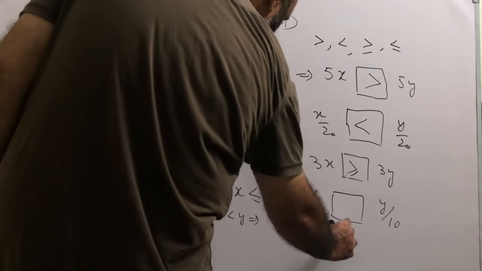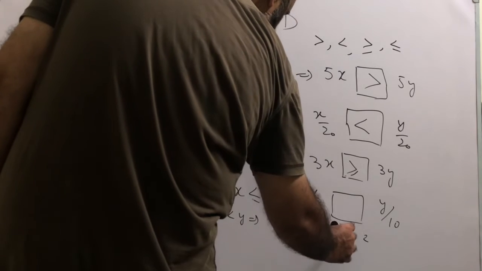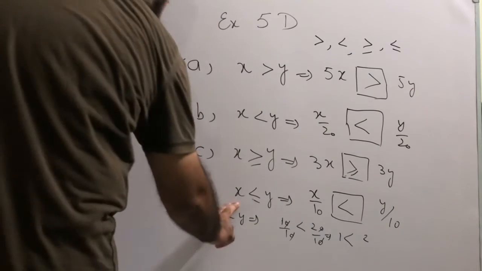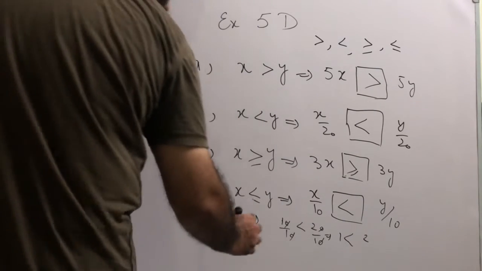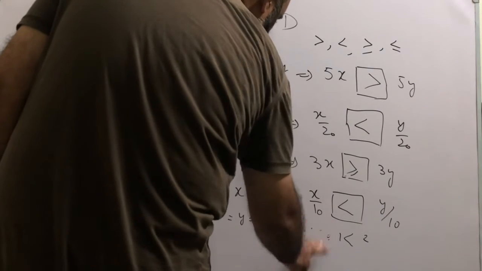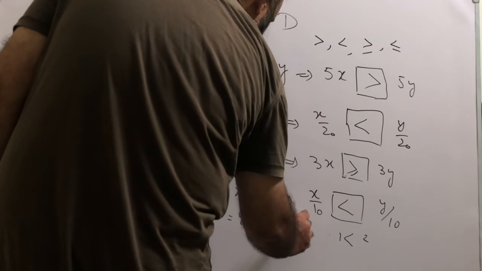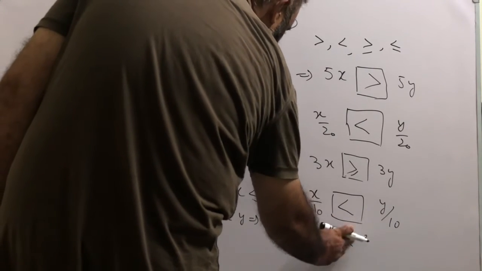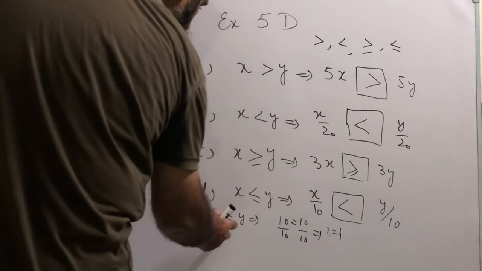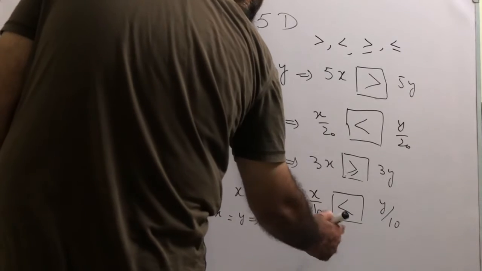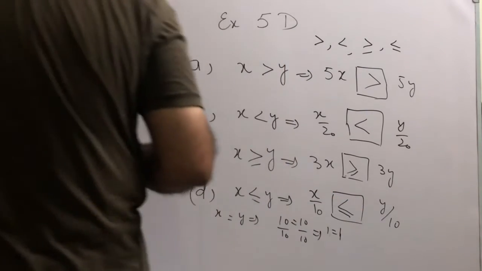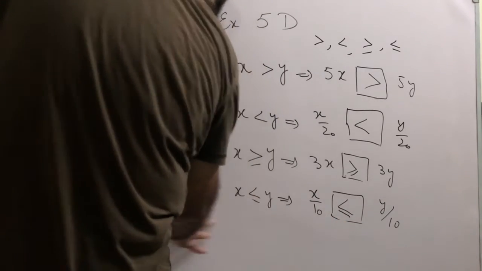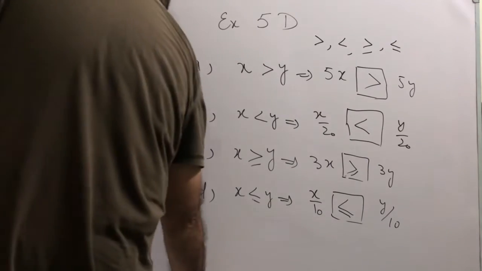It is 1 and 2, so we still put the same symbol, less than. If we say that x is equal to y, and x is 10 and y is 10, and we divide both sides by 10, we get 1 is equal to 1. So the equal to sign still holds after division. So we will put the sign less or equal to. Hope you got understanding of the concept with the examples.